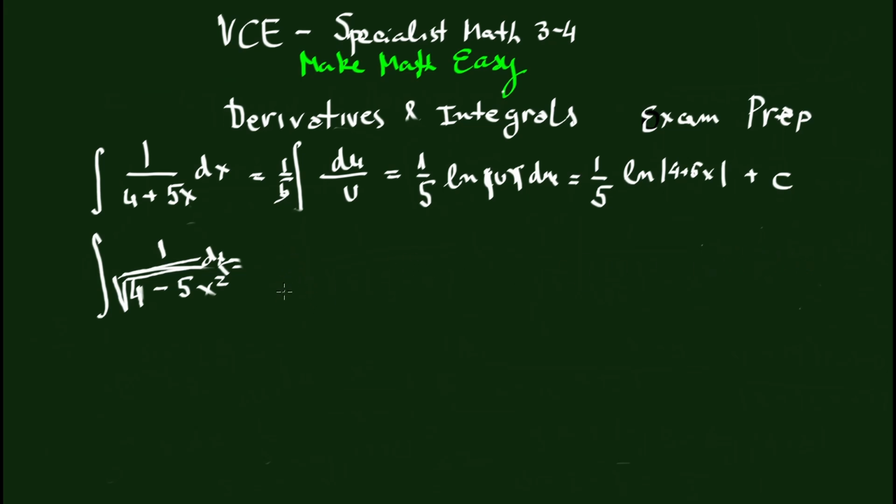And the last one for this slide, for this video, will be 1 over square root of 4 minus 5x without this square. So we'll make it just be x.